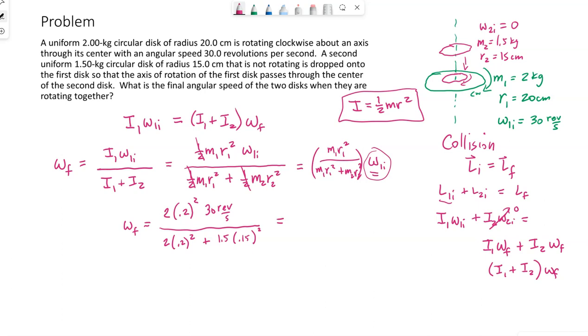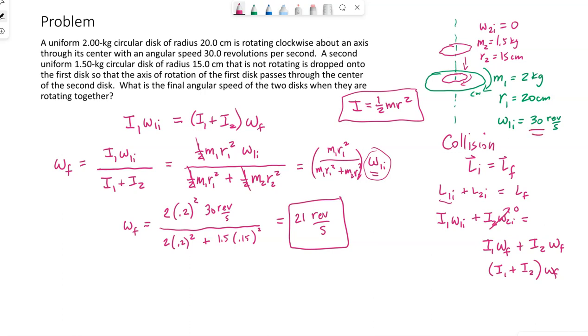But you do want to be careful just watching your units in general. So plugging these numbers in, I'm getting 21 revolutions per second as the final angular speed of the two disks rotating together. So they've slowed down.